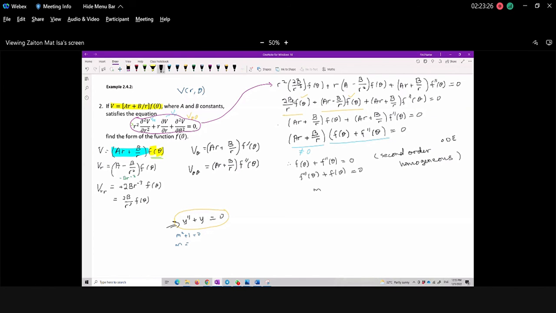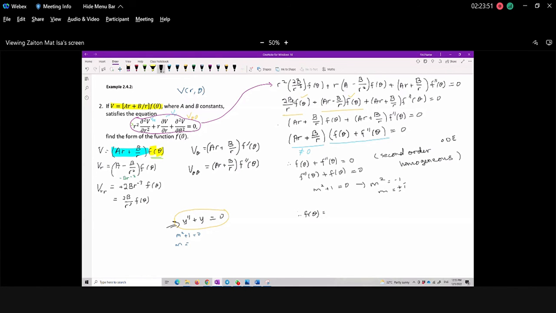So we have the characteristic equation M square plus 1 equals to 0. So M square equals to minus 1, so M will be plus minus i. This is complex. When it is a complex number i, the form of solution will be in the form of cos and sin.